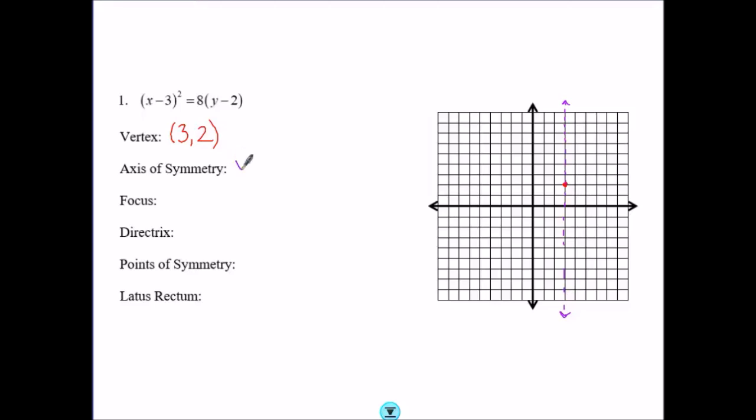So that will be x = 3. Then we need to find our focus. We know that the focus is p units from the vertex, so we need to figure out what p is. And if you look back at our equation, we know that this is 4p, so that means p is 2. Since it's positive, the focus is going to be 2 units above the vertex, so our focus will be right here at the point (3, 4).